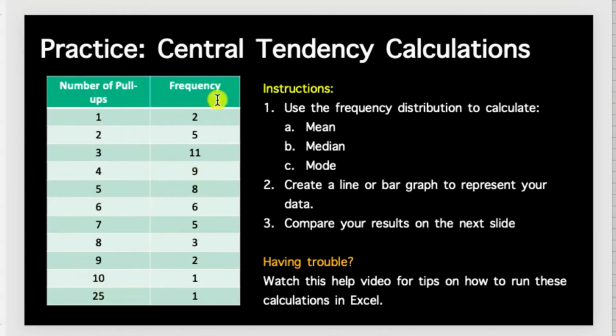And then in the second column, we can see the frequency at which each of these values occurred in our data set. Right? So automatically we can see that 11 is the largest value in this frequency column, indicating that 3 is the data value that occurred the most. That would mean that our mode is the value 3.